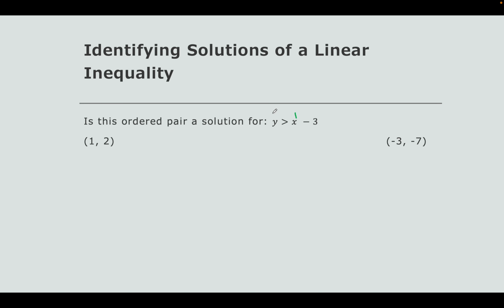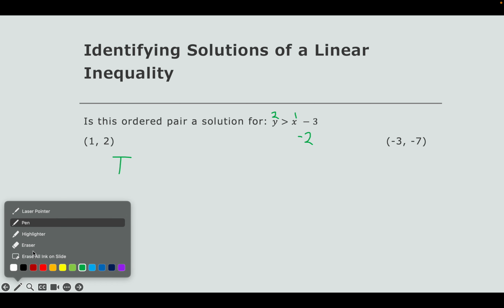So if I put a 1 there and a 2 there, 1 minus 3 equals what? If you said minus 2, good job. Is it true then? 2 is greater than minus 2. Is that a true statement? It is true.